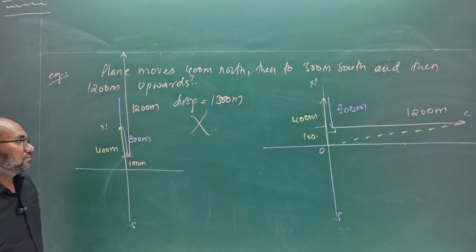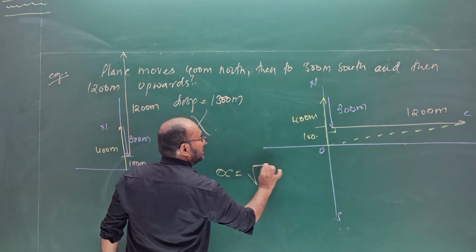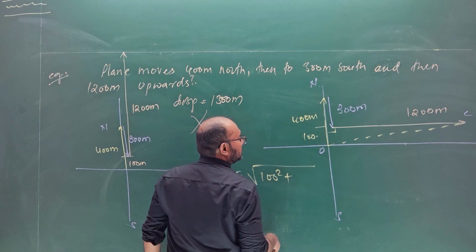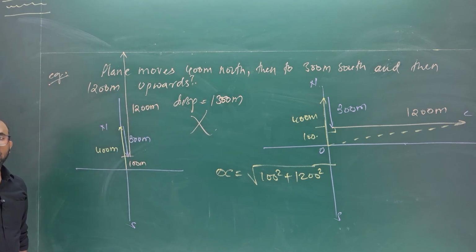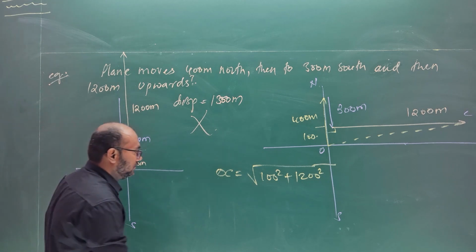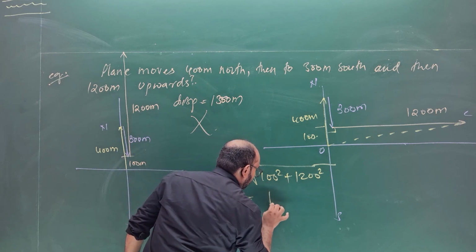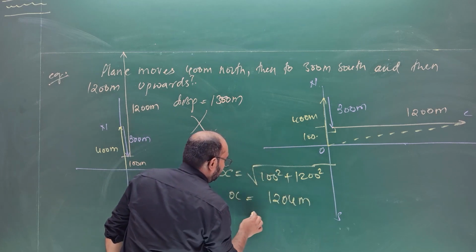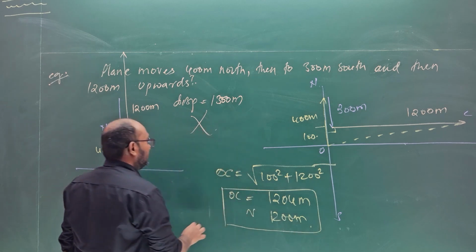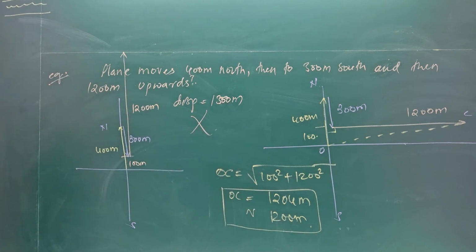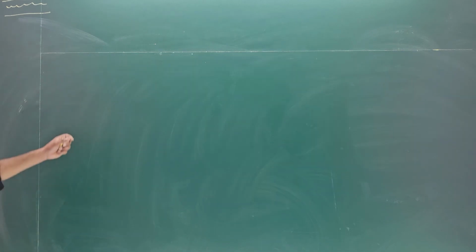So OC is the square root of 100 square plus 1200 square. Tell me the final answer. 1204. So OC is 1204 meters, or nearly equal to 1200 meters. Got my point? Next question.